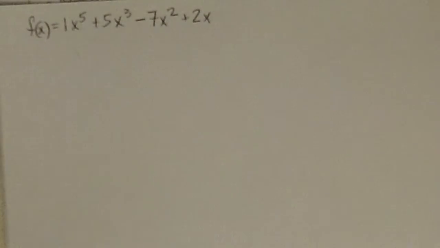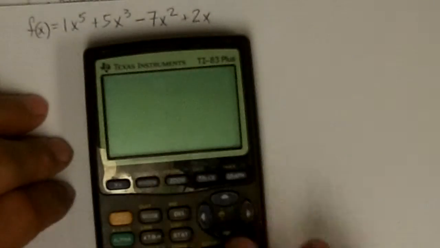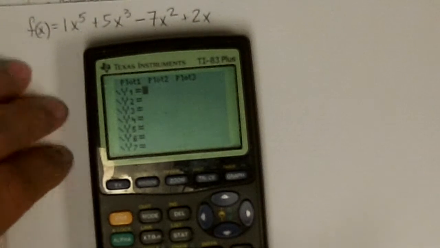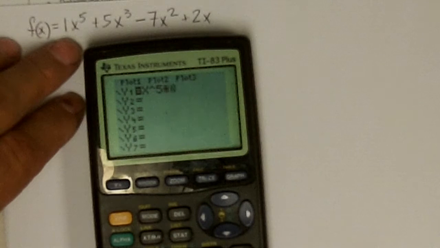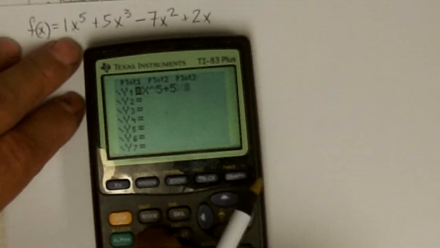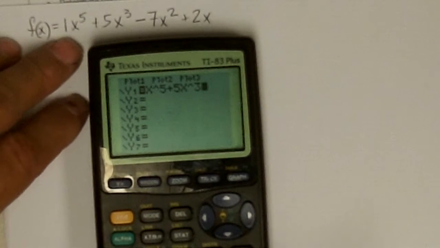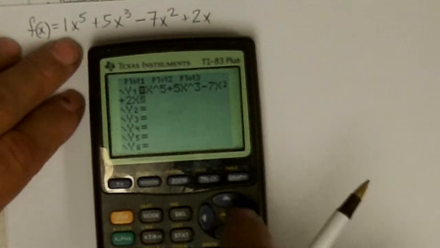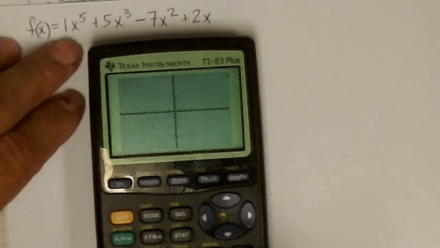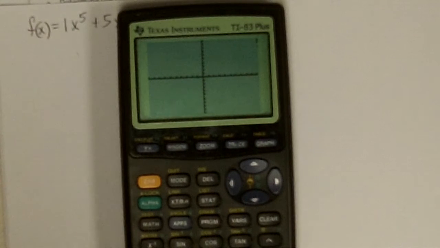Alright, so I'm going to type that into the calculator. x to the 5th plus 5x to the 3rd minus 7x squared plus 2x. And I'll go zoom 6 first to take a quick look at it.